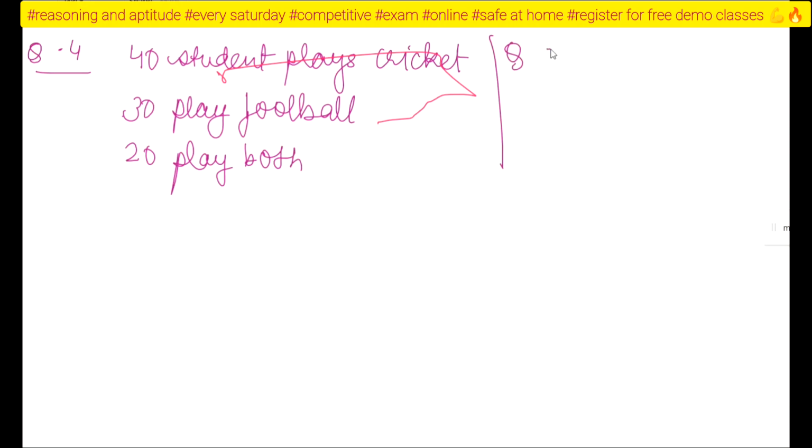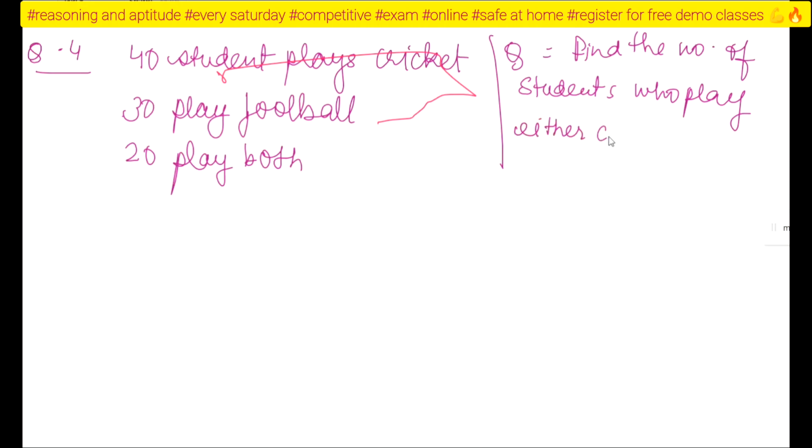This is interesting. They are asking to find the number of students in the college who play either cricket or football. Either cricket or football means OR, and then they are asking but not both.